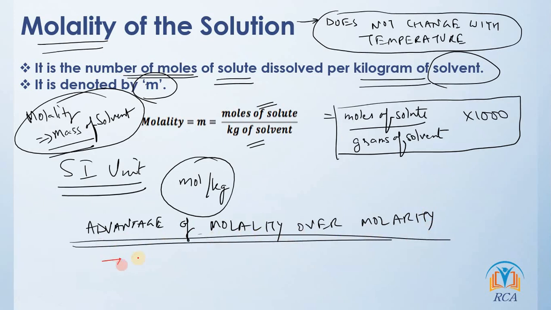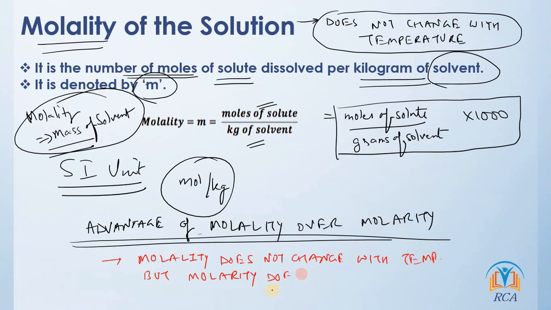We can just write it as: molality does not change with temperature, but molarity does. That means molality will not change with temperature, but molarity will, and that is why molality has an advantage over molarity.